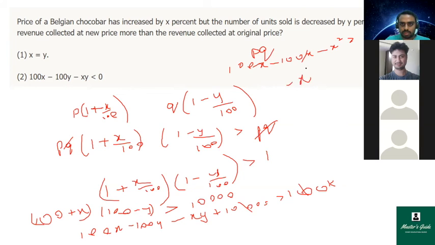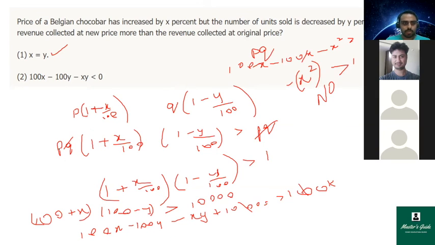Minus x square is greater than 0? This is clearly no, this can never happen because x is some kind of a percentage, and whether it is positive or negative, x square is always going to be positive, and minus of some number cannot be greater than 0. You get a clear no, and so you are able to answer this question prompt with statement 1. So this is sufficient.